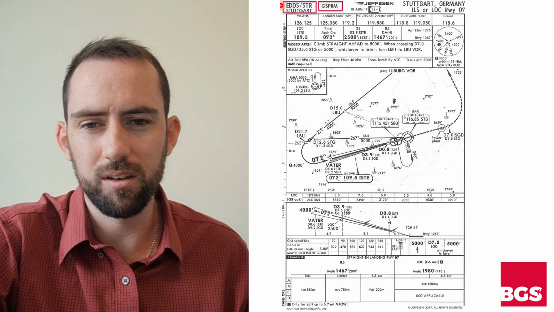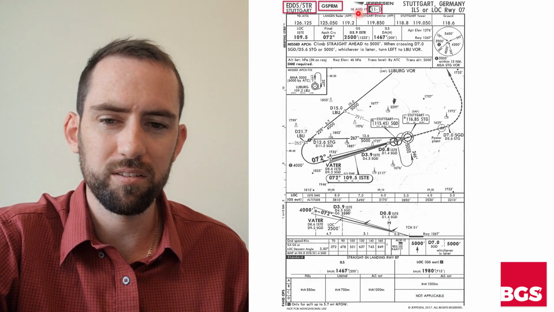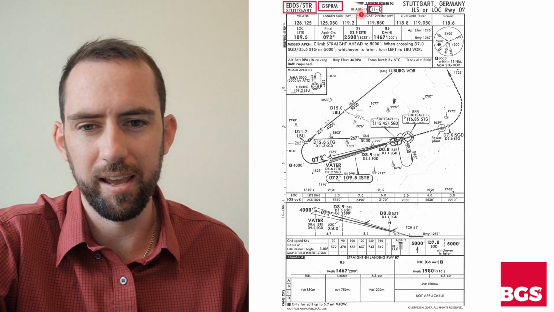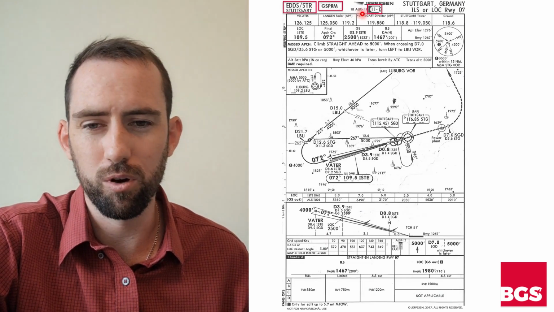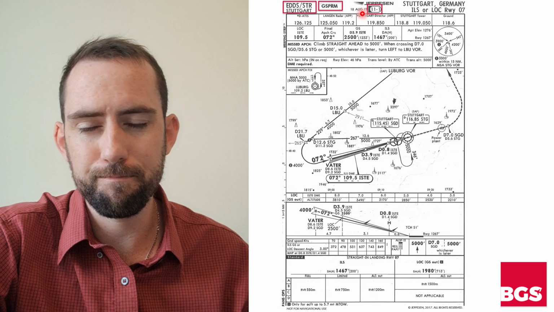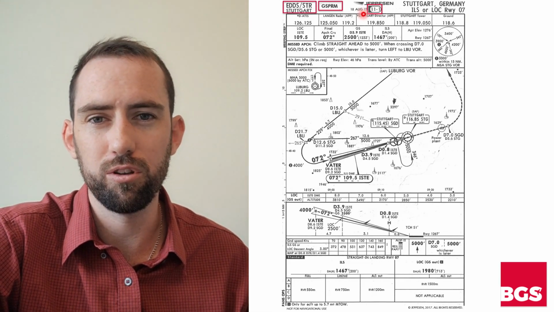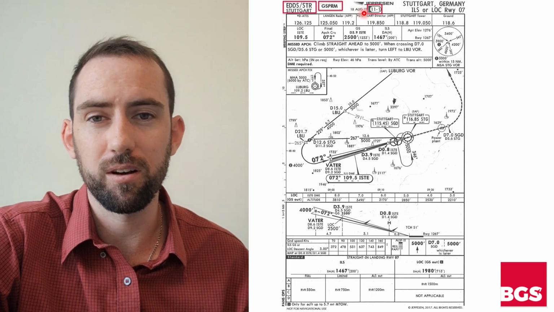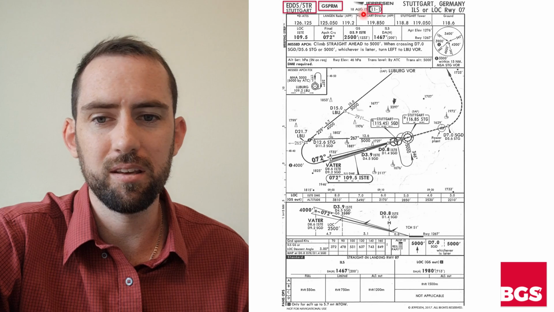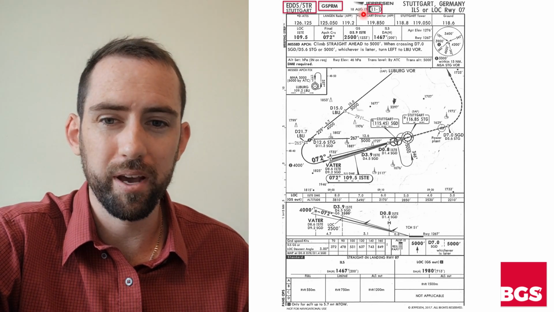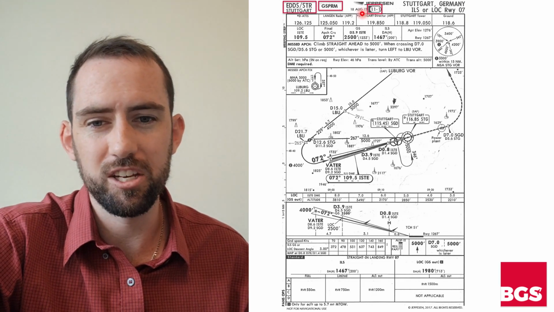You'll notice that the date here is the 18th of August 2017. That was the chart revision date. So this chart will probably be well out of date by the time you watch this. As the pilot, it's your responsibility to ensure that you are using charts that are up to date. In this case, since this chart has come out of the Student Pilot Route Manual, it should be dated to 2017 for examination purposes.